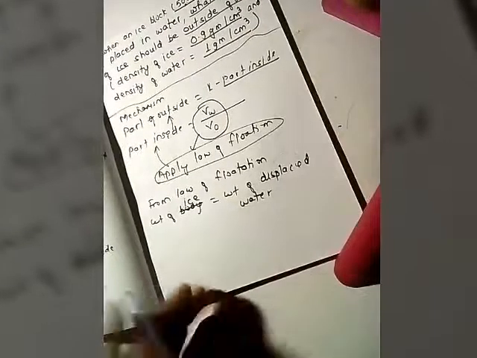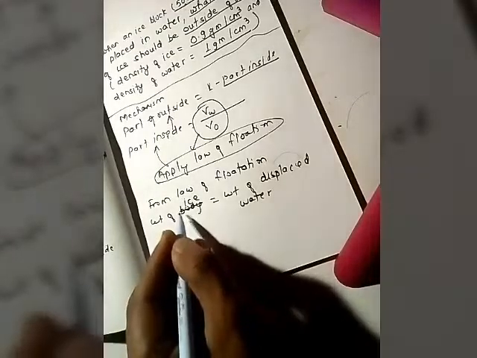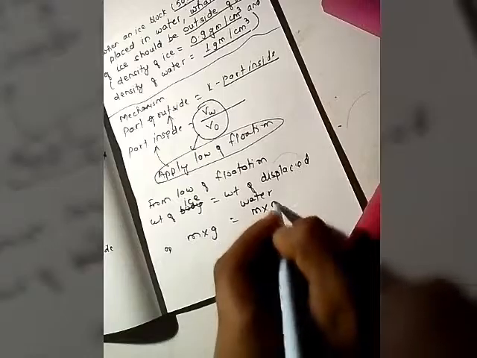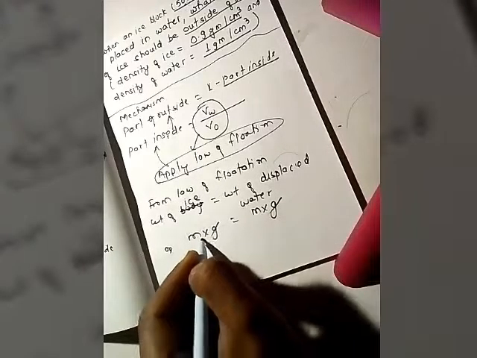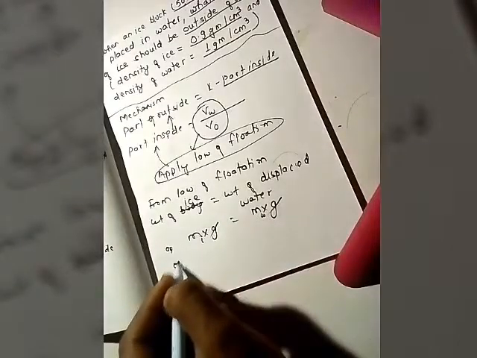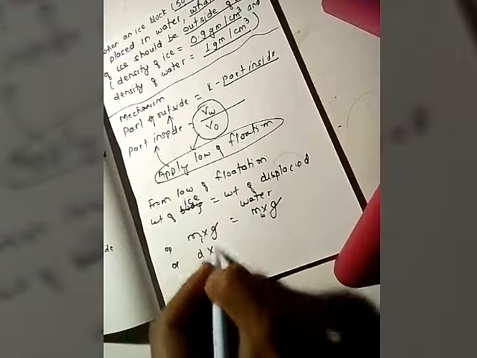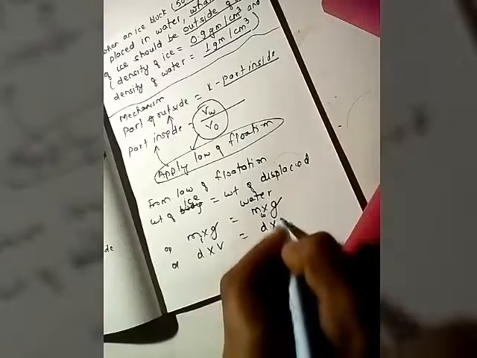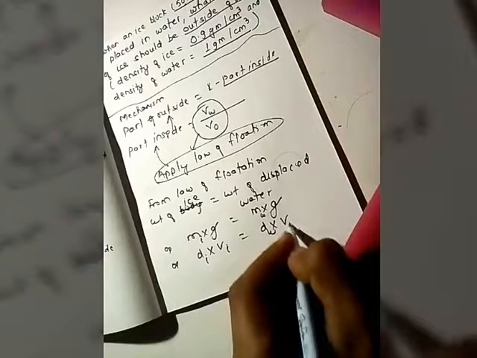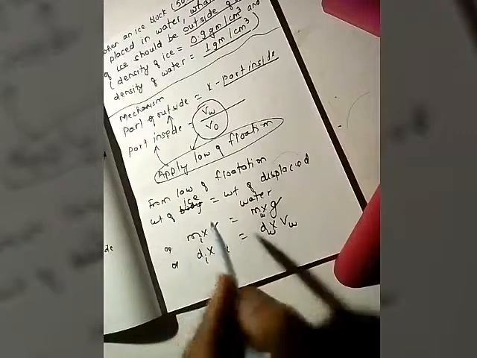Now we know the formula of weight, that is m into g. So with the weight formula m into g, the g and g cancel out. For ice I'm writing I, for water let's write w, so we have d into v here, d into v. And we know the formula of part inside is vw divided by v naught.